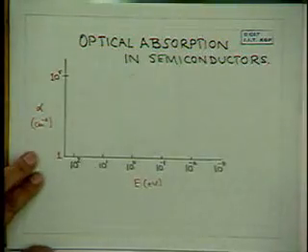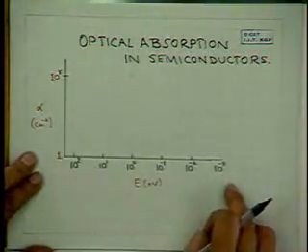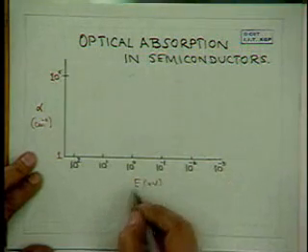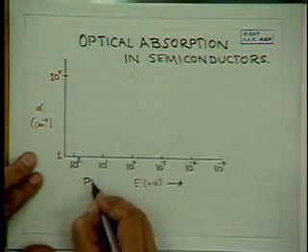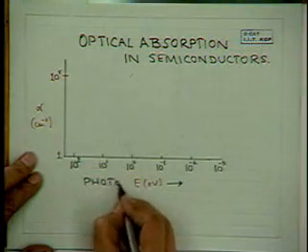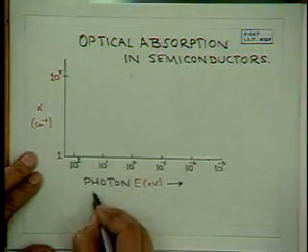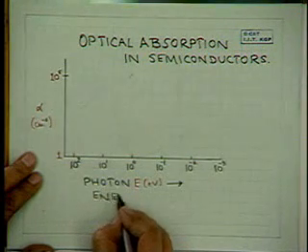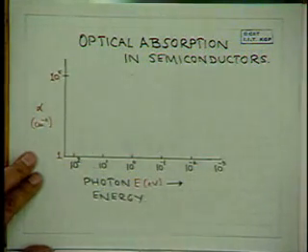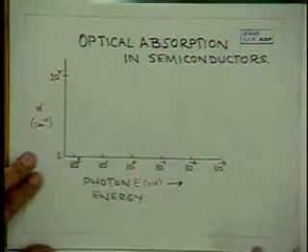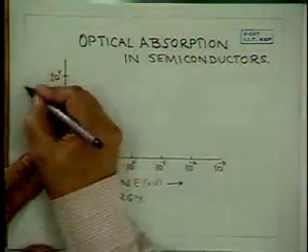Now, if we cover a wide expanse of energy, on the x-axis we have the photon energy, and on the y-axis, we have alpha, which is the absorption coefficient.